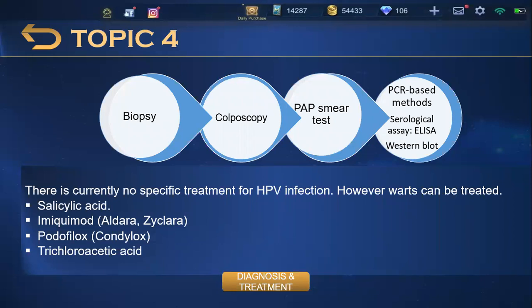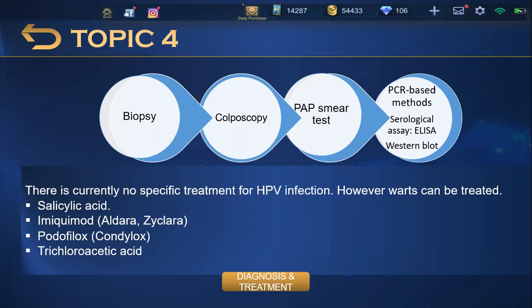These are the diagnosis and treatments of HPV. First, biopsy. If the biopsy results show pre-cancer, dysplasia, or cancer, then treatment is recommended. Next is the colposcopy, a procedure that allows illuminated, stereoscopic, and magnified viewing of the cervix. Next is the Pap smear test.